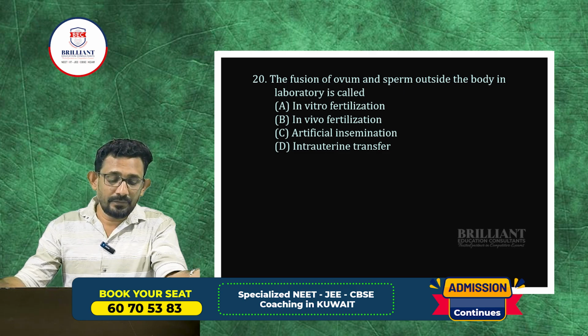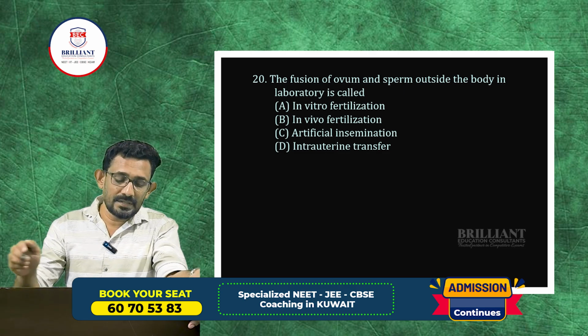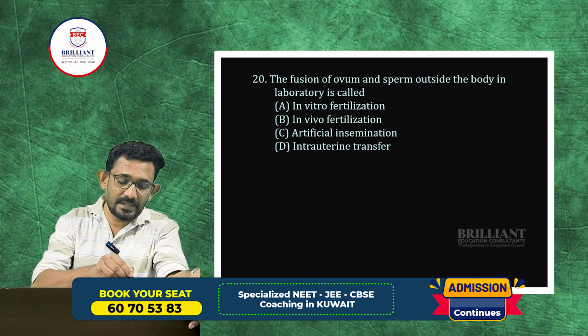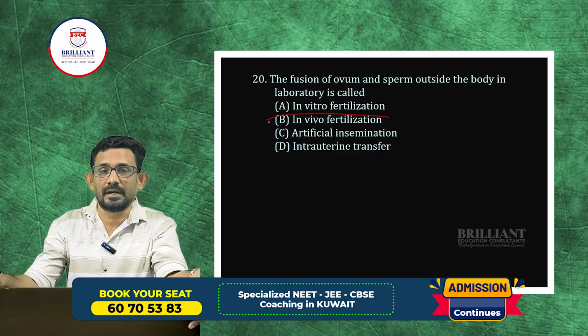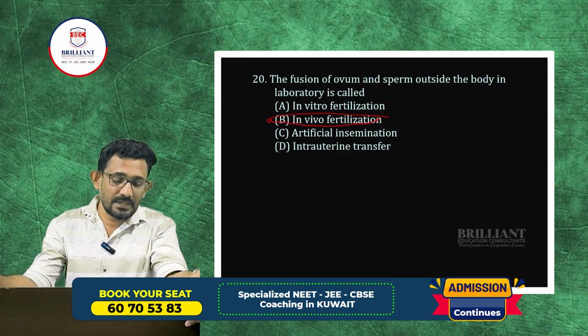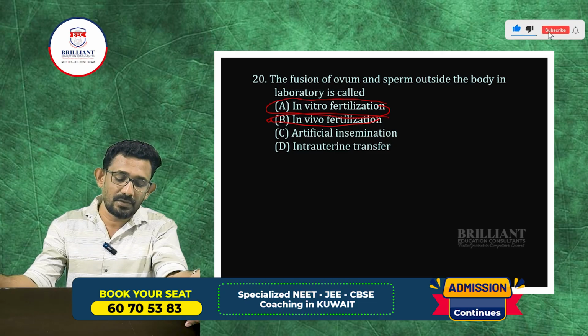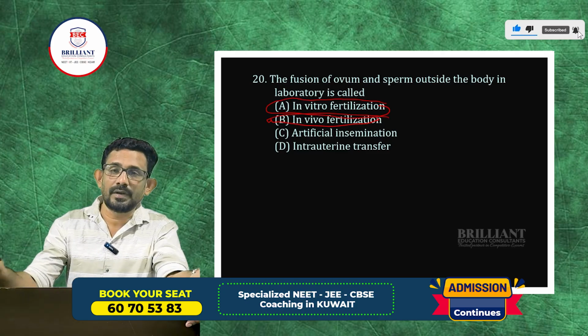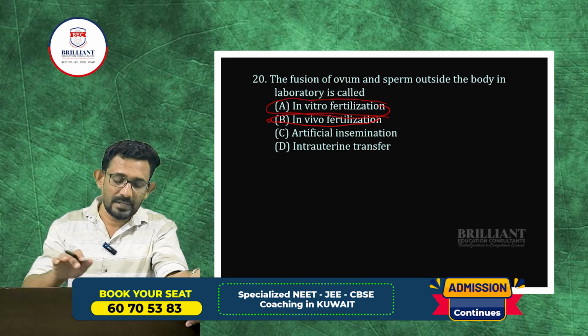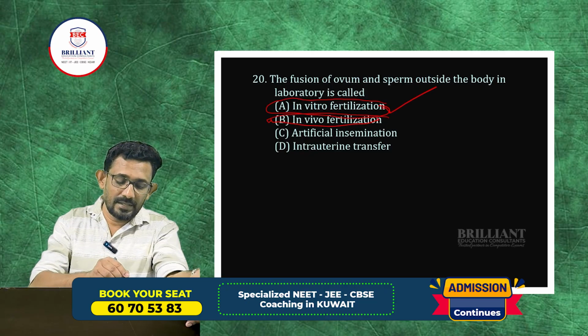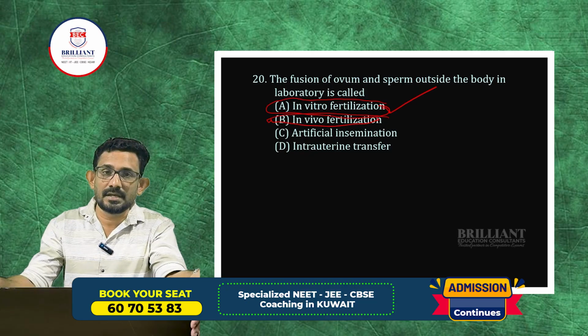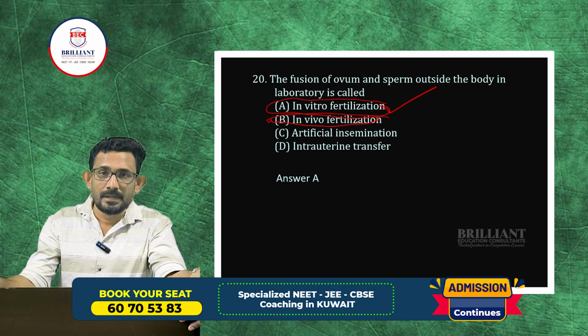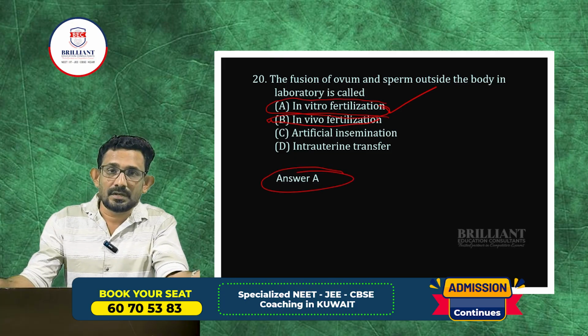The meeting of ovum and sperm inside the body is called in vivo fertilization, and outside the body is called in vitro fertilization. So the fusion of ovum and sperm outside the body in laboratory is called in vitro fertilization. So option A is the correct answer. So students, 20 questions are over.